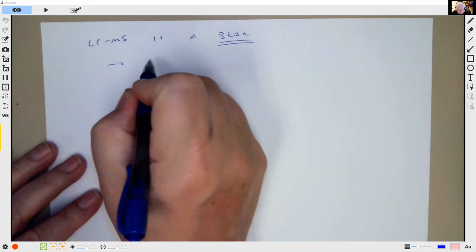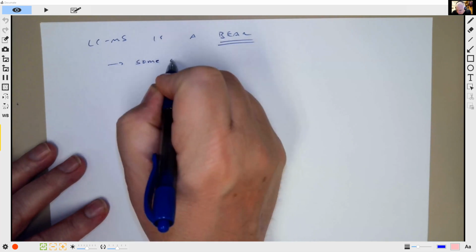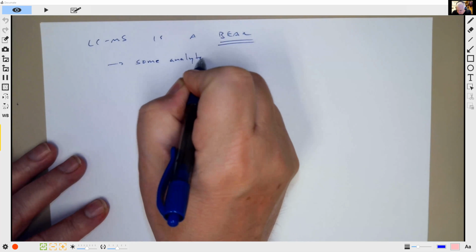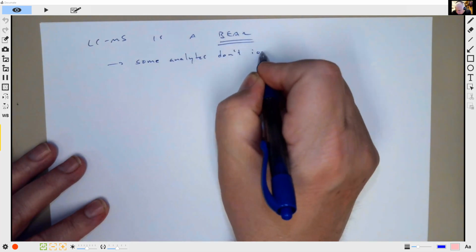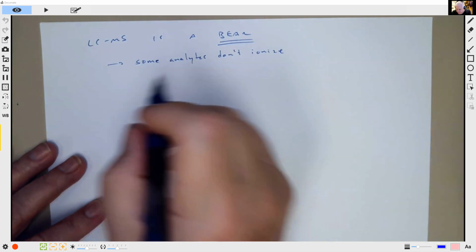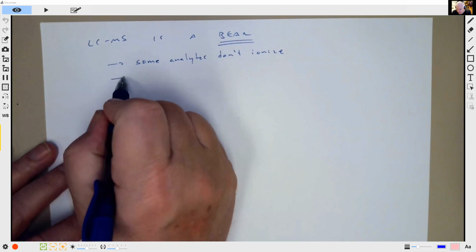So it's difficult. Some analytes don't show up. Some of them don't ionize or don't ionize easily.